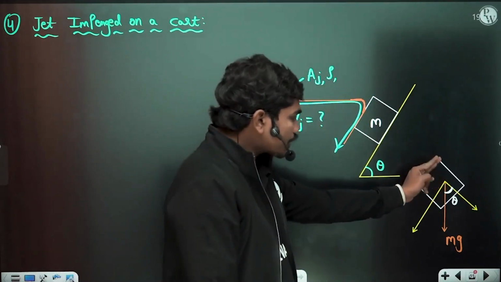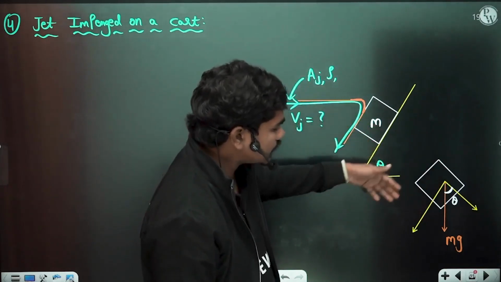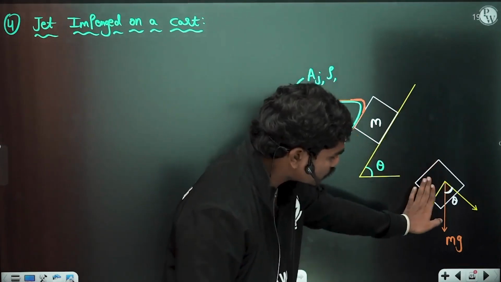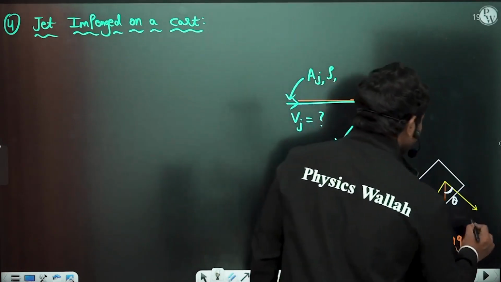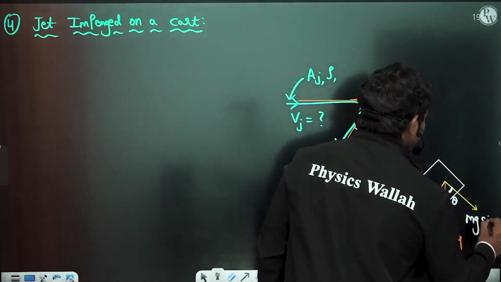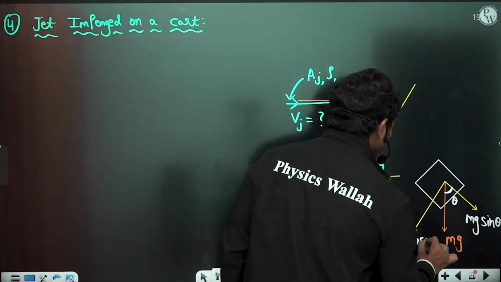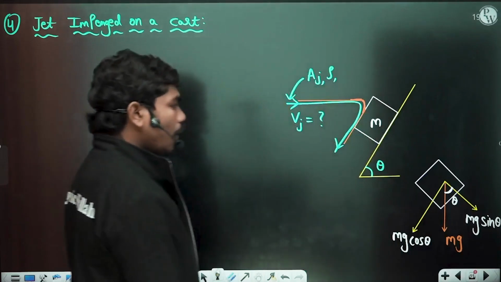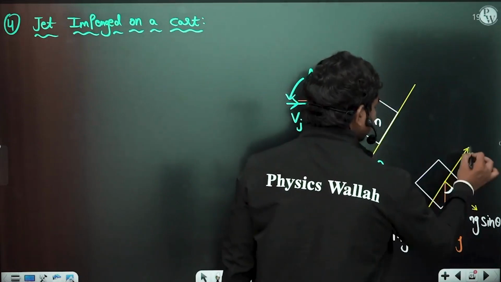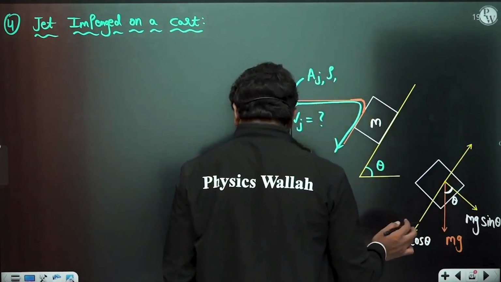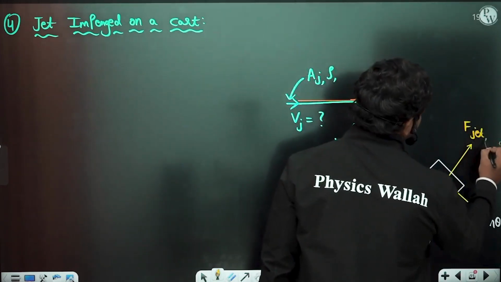So if the angle between the plane and the horizontal is theta, then the angle between the normal to the plane and the vertical will also be theta. So obviously this is mg sin theta and this is mg cos theta. Now when you apply this jet, the jet applies some force in this direction, the tangential direction.